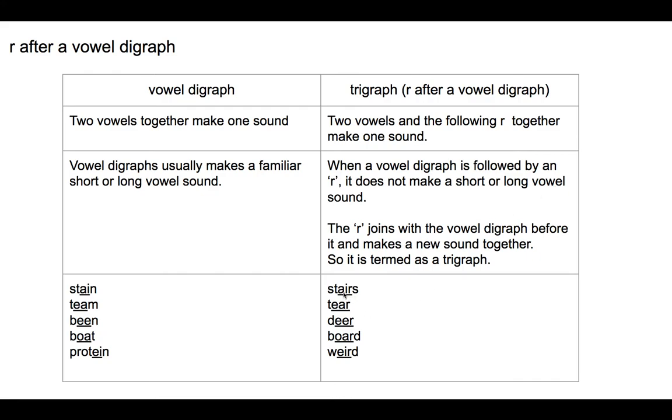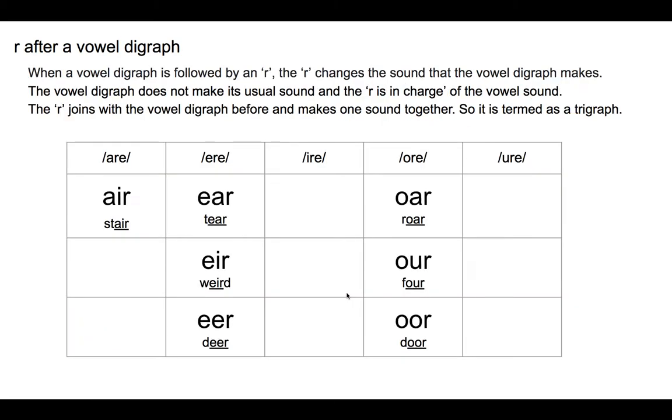Instead, the R joins with the vowel digraph before it and makes one new sound together. So the three letters making one sound can be termed as a trigraph. So these are the differences between a vowel digraph followed by a consonant except R, and when the vowel digraph is followed by the consonant R.